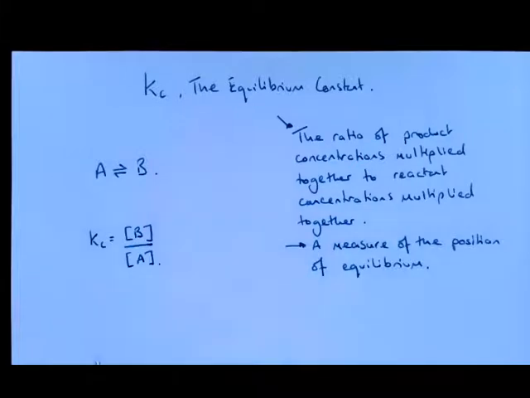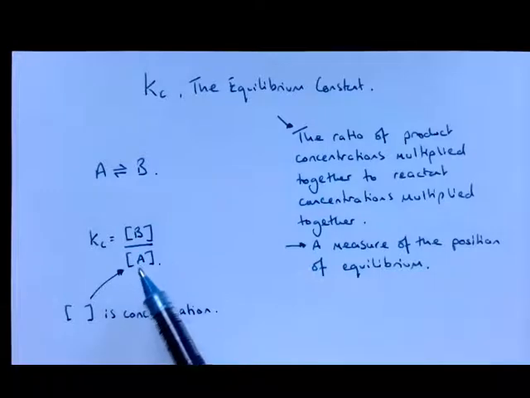Okay, so here, these square brackets are just a really quick way of saying concentration. Whenever you see these square brackets in a chemistry setting, you should be thinking, well, it's the concentration of the thing inside those square brackets.